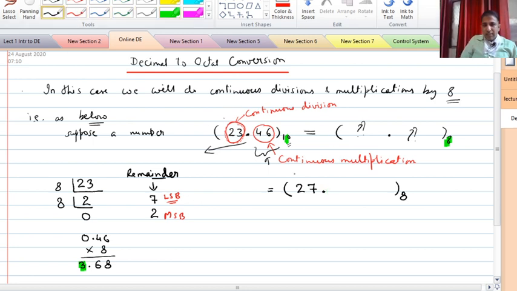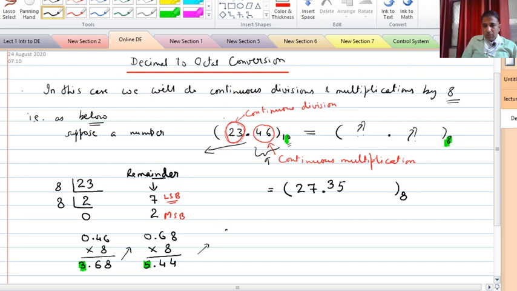Now again we have to multiply 0.68 with 8. 8 times 8 is 64, 8 times 6 is 48 plus 6, 54. It means we have to write this 5 at this position.